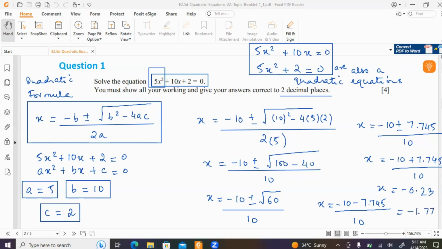So these are the two values of x, and they're correct to two decimal places.